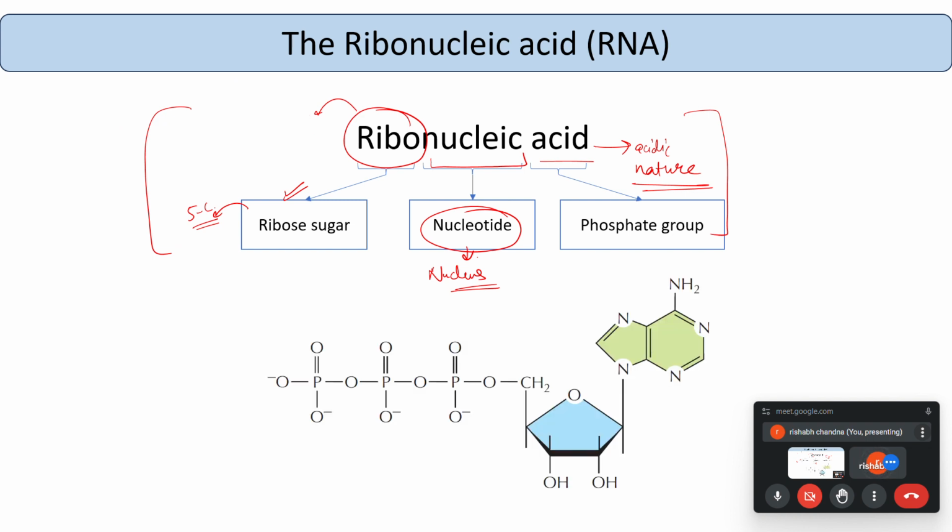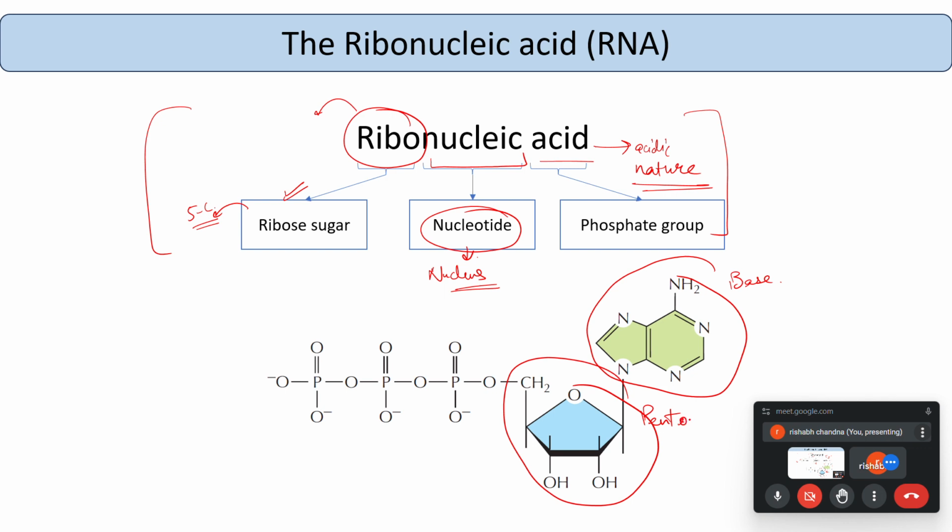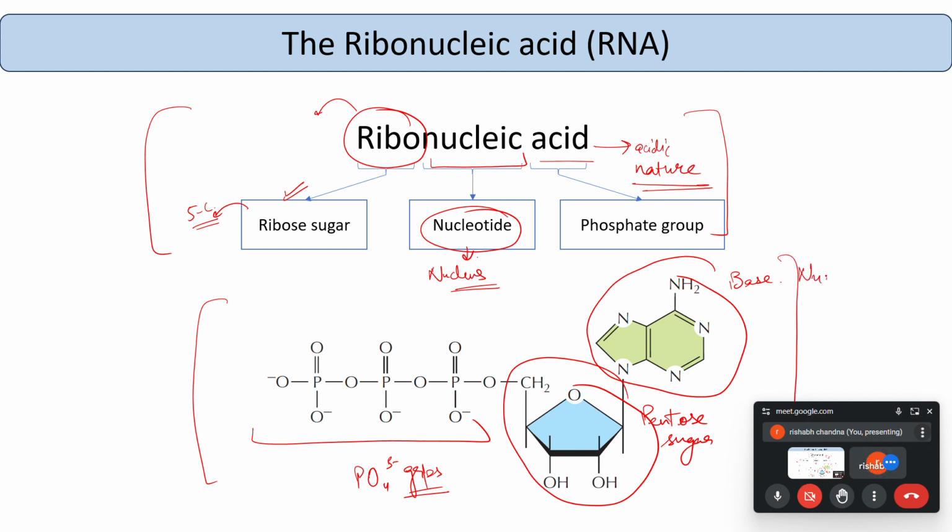Moving on to its structure, so as we discussed just now, this is a base. This is the pentose sugar, and these are the phosphate groups. So these three components are collectively called a nucleotide.